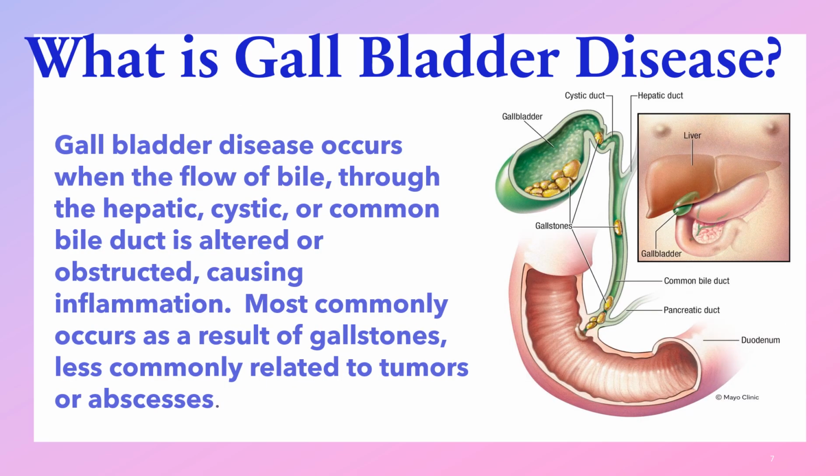So what is gallbladder disease? Well, normal gallbladder function, and again, you can see here they show how the gallbladder is kind of tucked up there safely underneath the liver. But basically, the liver produces bile. It's stored in the gallbladder for when digestion occurs, and the body needs digestive enzymes to digest fat.